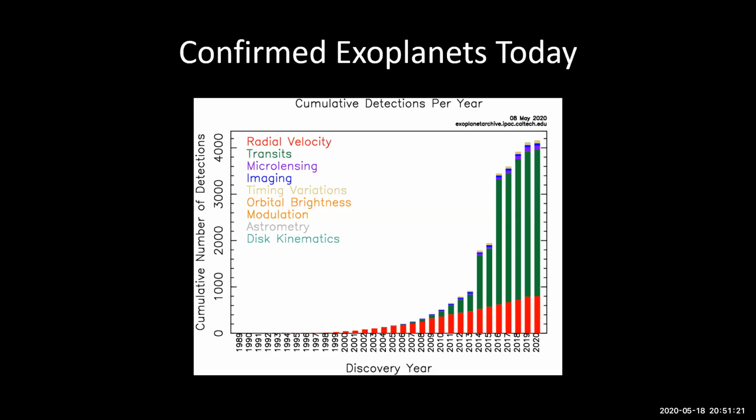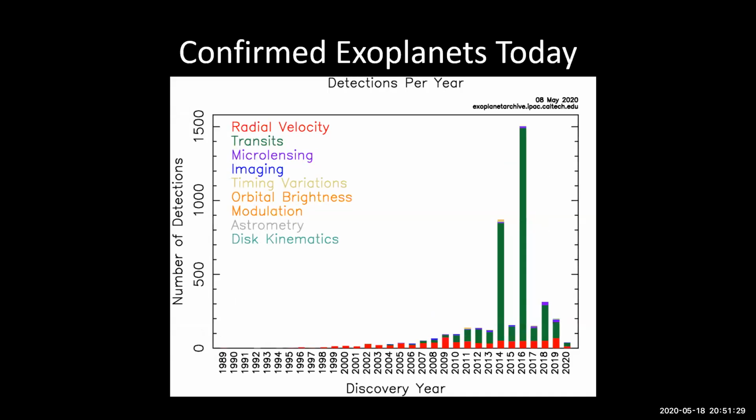Transiting came later and caught up very quickly and then surpassed radial velocity as far as finding the planets. But most of those detections were in 2 primary years. Kepler did its primary work really quickly and really early on, and then we don't really have anything else.